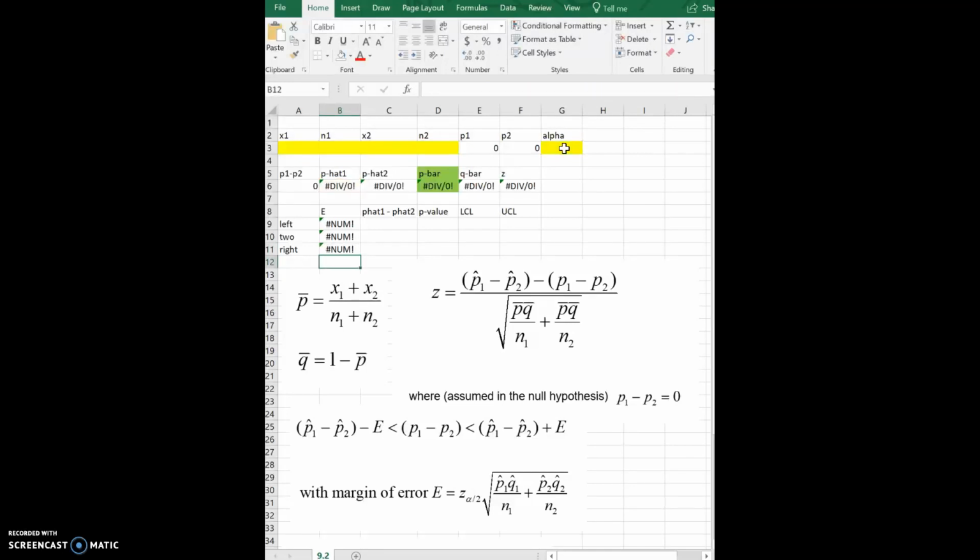So now we need to do p hat 1 minus p hat 2. If I had done this earlier, actually I don't need to do it earlier. So now I'm working with this formula right here, and this has p hat 1 minus p hat 2 here and here. So I'm just going to do equals p hat 1 minus p hat 2. It's going to give me an error right now, but that's fine. And this little box right here, it's going to be the same value for every single one of these 3 boxes.